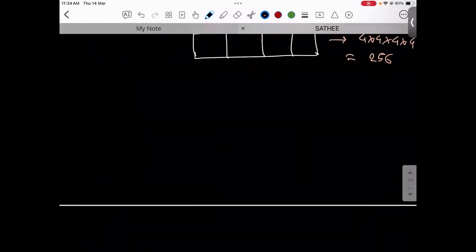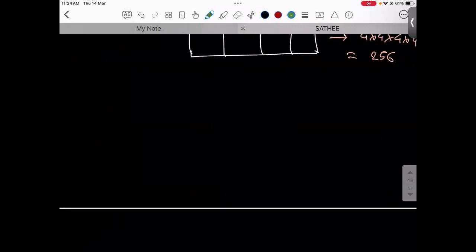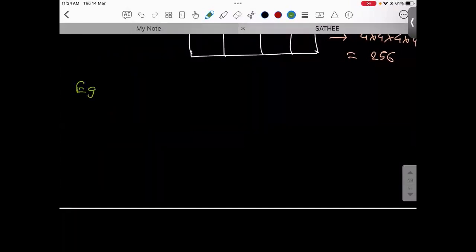Now let us discuss another example, that is example 4. Here also I will use the fundamental principle of counting. So what is the question?